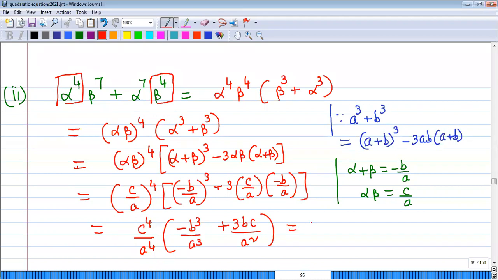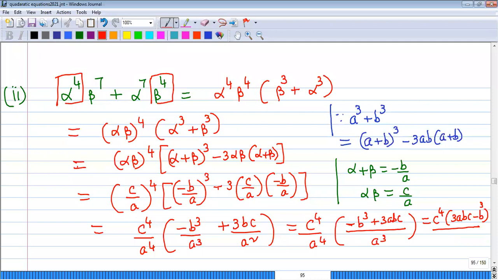So this equals c power 4 upon a power 4 times a cube is the LCM minus b cube. This will be plus 3abc. So further it can be simplified as c power 4 times 3abc minus b cube upon a power 4 c cube. This is the answer.